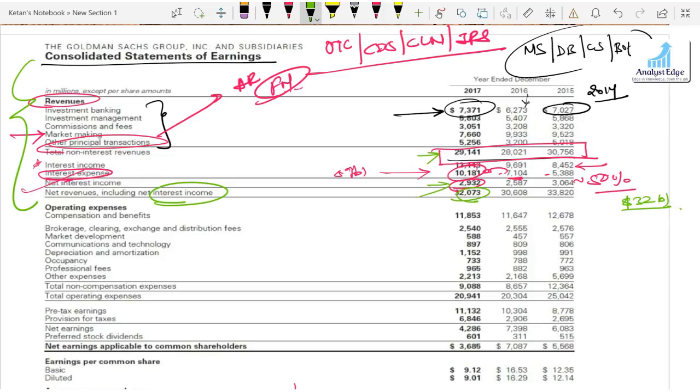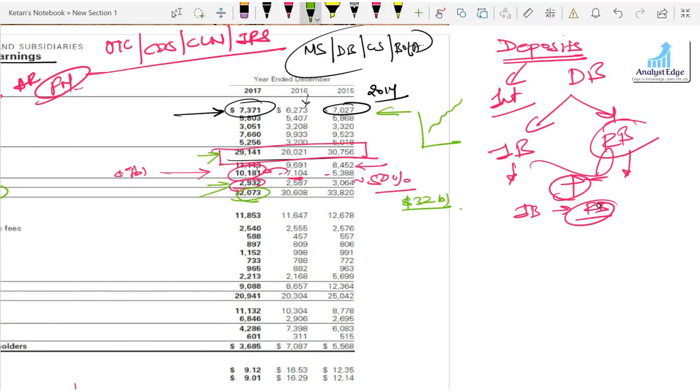Okay, fair enough. Now let's look at the operating expenses. This is one of the important points because in a company in this scenario, if your revenues are not actually increasing exponentially, then you make sure that you take care of your cost. So if I look at the normal formula, revenue minus cost is nothing but your gross profit.